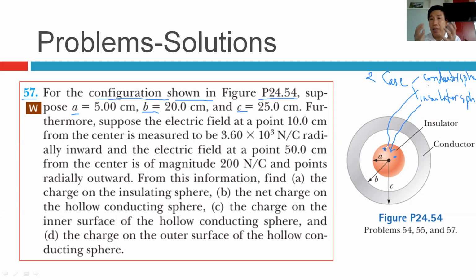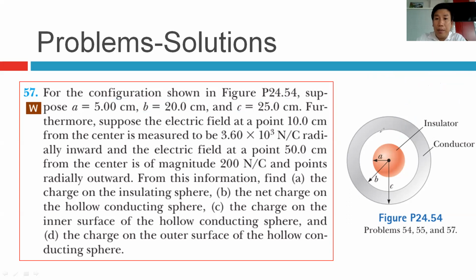Even if it is solid, the inside is not empty. For the conductor, remember, the inside is not empty. It's a 3D shape. It's not empty, but inside there is no charge. The charge moves to the surface of the conductor. Remember that. Okay, come back to our problem.